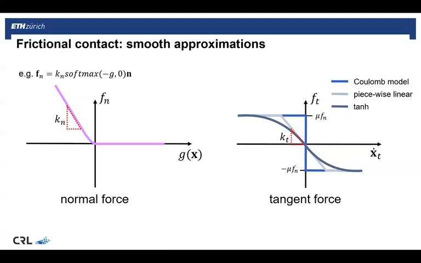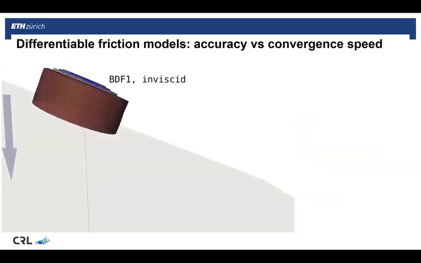So all we now have to do is take this definition of smooth approximation of contact and friction forces, plug them into our model, and then they can be handled like any other force that's acting on the system.